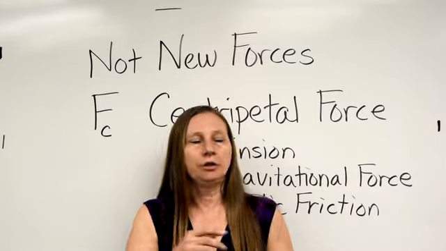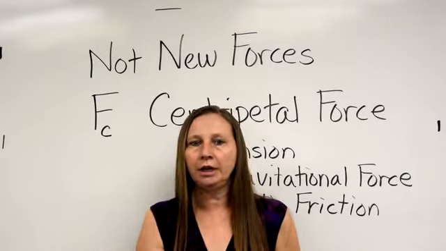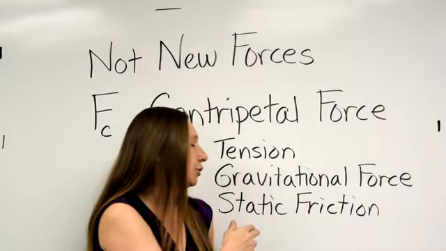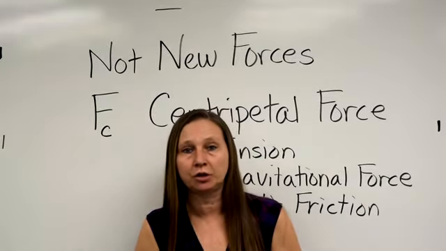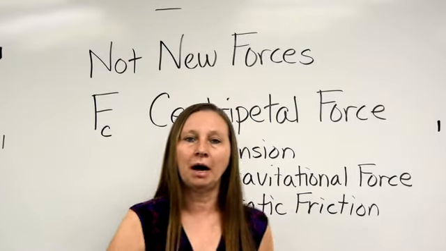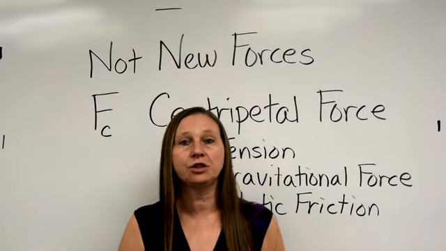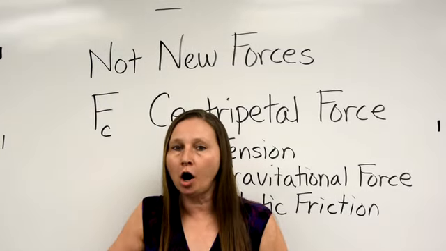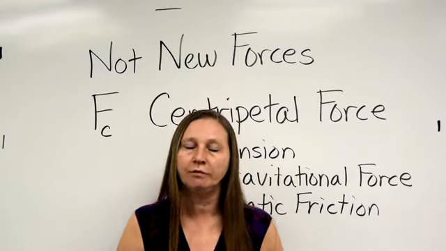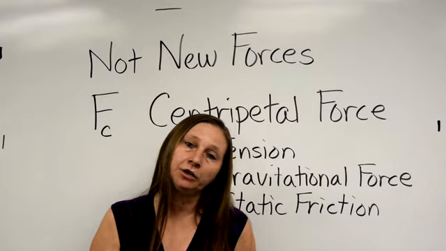All right, so the gravitational force, the body in the center, is pulling on the body that is orbiting around it, and that gravitational force acting as a centripetal force is causing that body to move around the central body. Static friction acts as a centripetal force when a car is making a turn. The car is moving in a portion of a circle. It's static friction pulling toward the center of the circle.